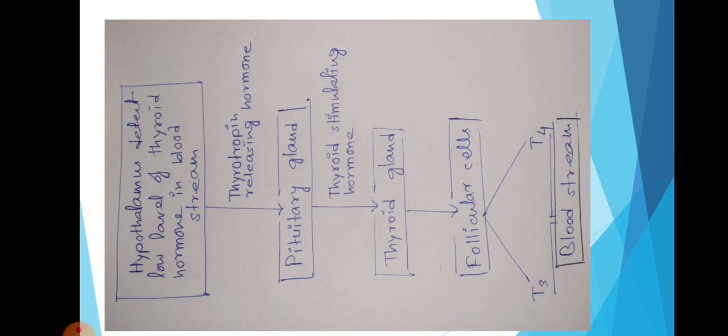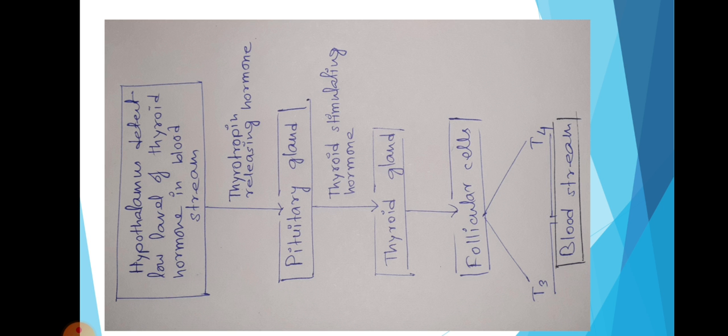So this is a flow chart that I made so that it will be easy for you to understand how this thyroid hormone is produced. So when there is a low level of thyroid hormone in the bloodstream, the hypothalamus detects this low level and secretes thyrotropin releasing hormone, also known as TRH.